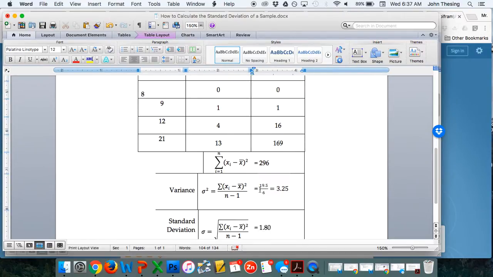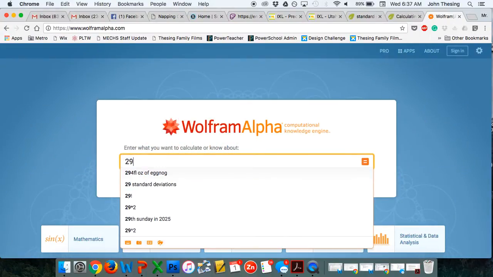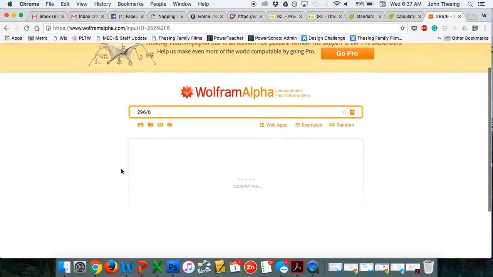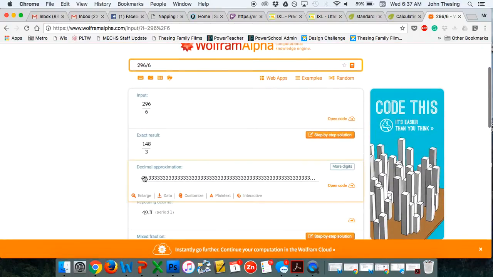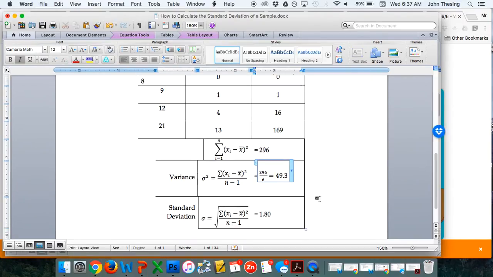How many data points do we have? We had 7, so we're going to do 296 over 1 less than 7. So we'll do 296 over 6. And we get, thanks Wolfram Alpha, 148 over 3. That helps. All right, 49.3. So 49.3.